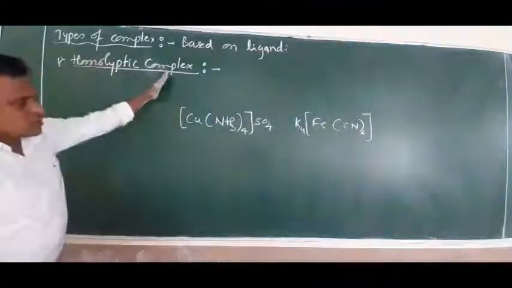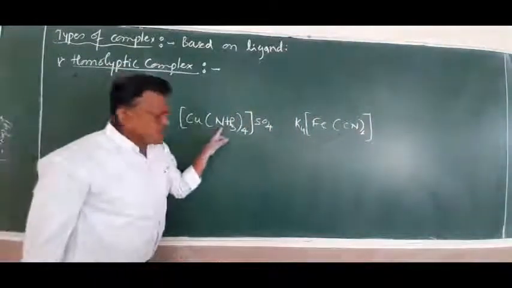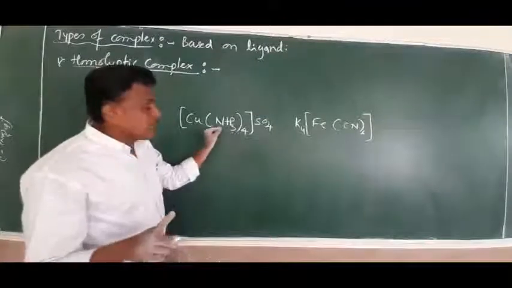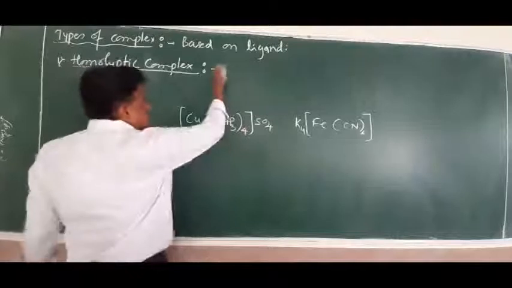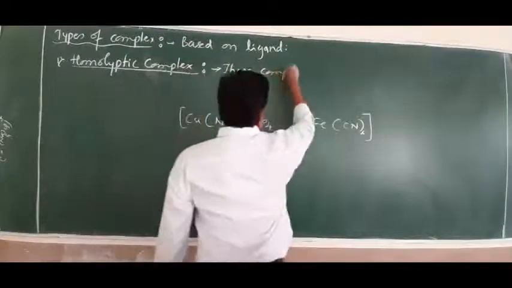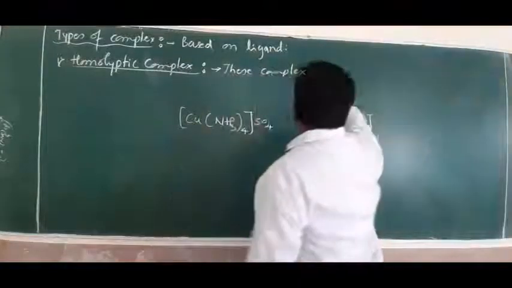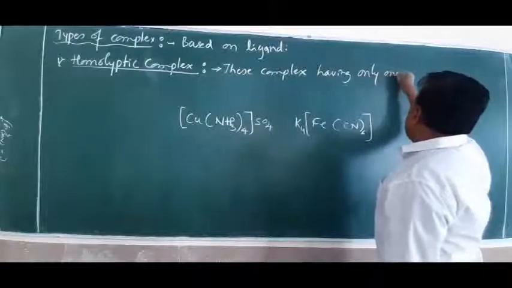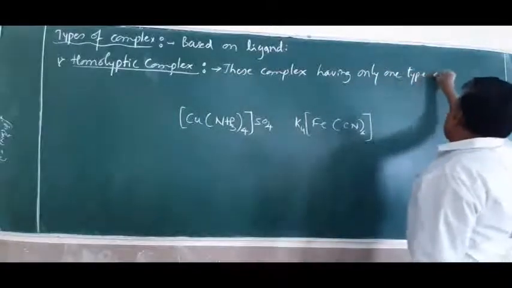Homoleptic complexes are complexes where the central metal is surrounded by only one type of donor site, only one kind, only one type. Correct? Yes. These complexes have only one type of ligands.